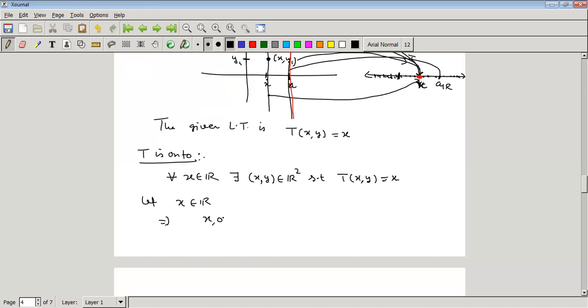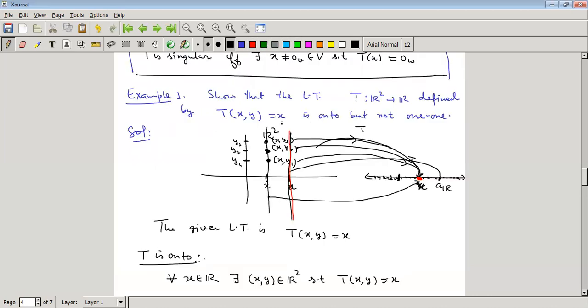x belongs to R. This implies that if we take the element (x, 0), then this belongs to R2. Yes, this belongs to R2. This is the element x. This is the element (x, 0). The image of this element is x, right?